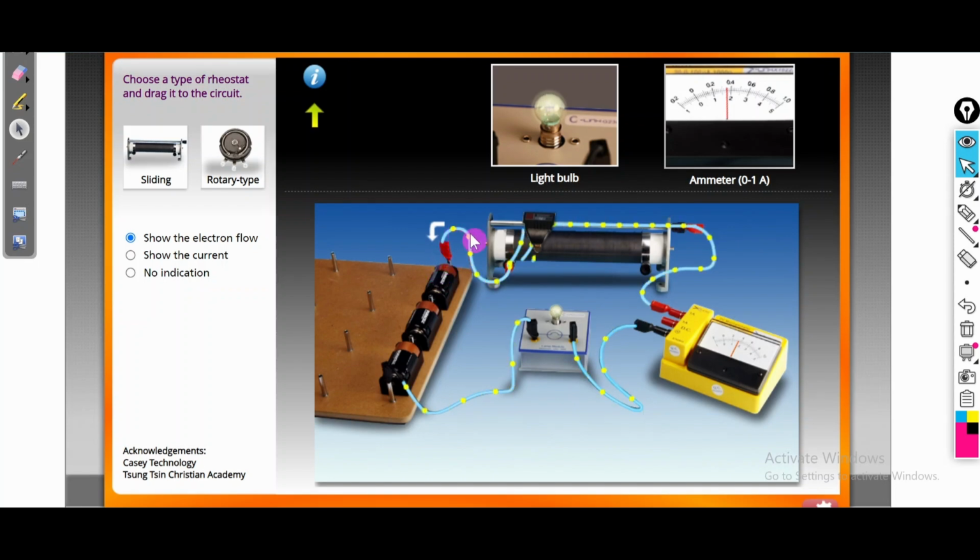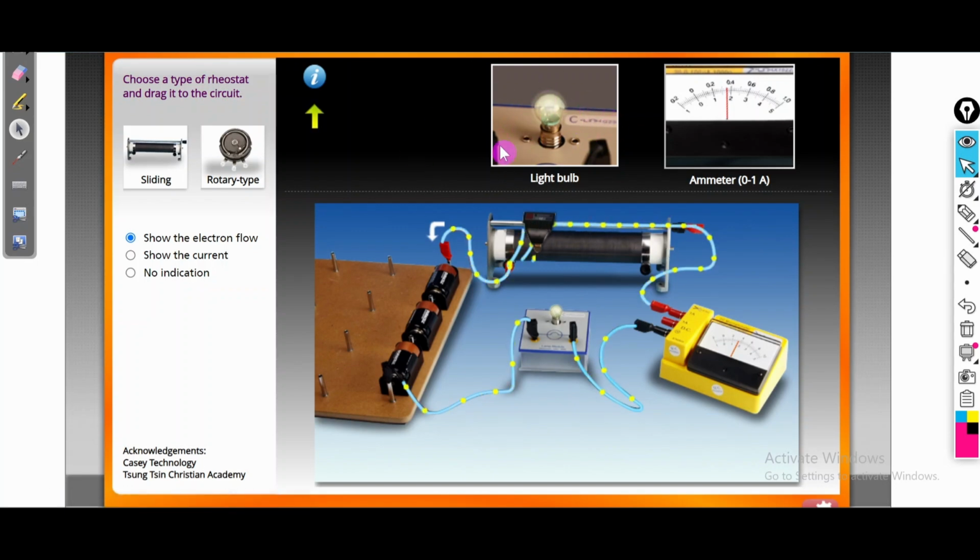The positive terminal of the battery is connected to one side of the wound wire, and the negative terminal of the battery is connected to the sliding contact. And now we will focus here.